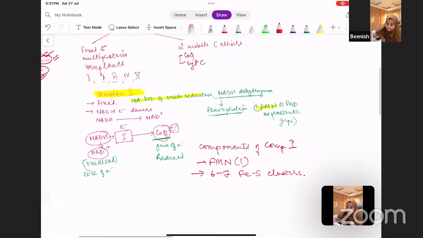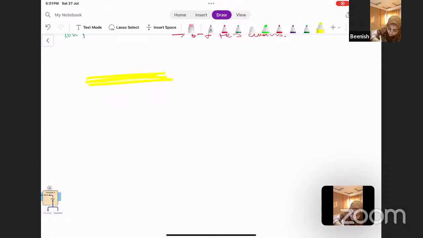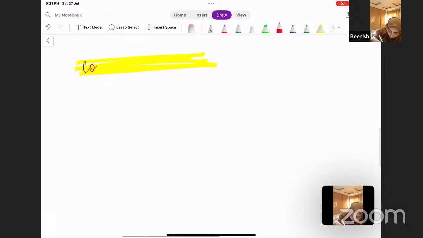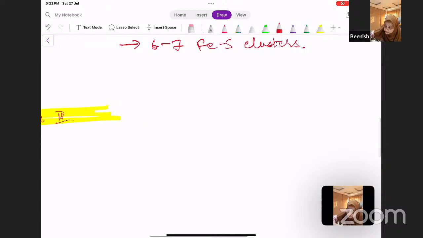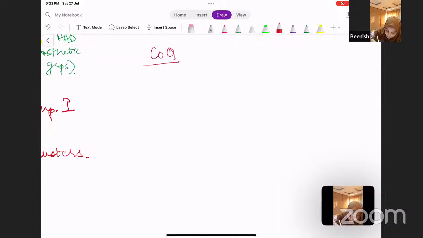So that was about complex 1. I hope it's clear. Very simple. Now moving on to complex 2. Before I talk about complex 2, let me tell you a little bit briefly about coenzyme Q. Your coenzyme Q is a lipid.